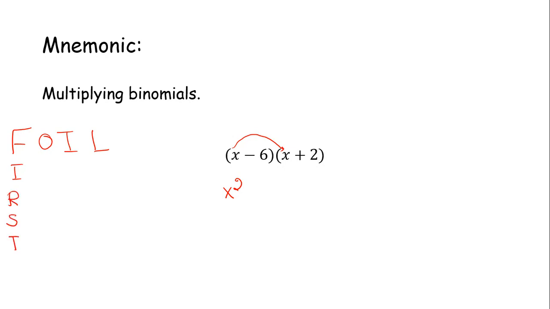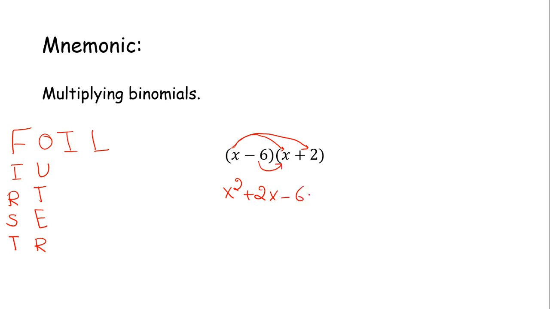O is for outer, because the next time I'm distributing, I'm going to do x times 2. X times 2 is 2x. X here is the outer, 2 is the outer. So we're multiplying outer term times outer term. So O is for outer. Then the next one we need to distribute is negative 6 times x.